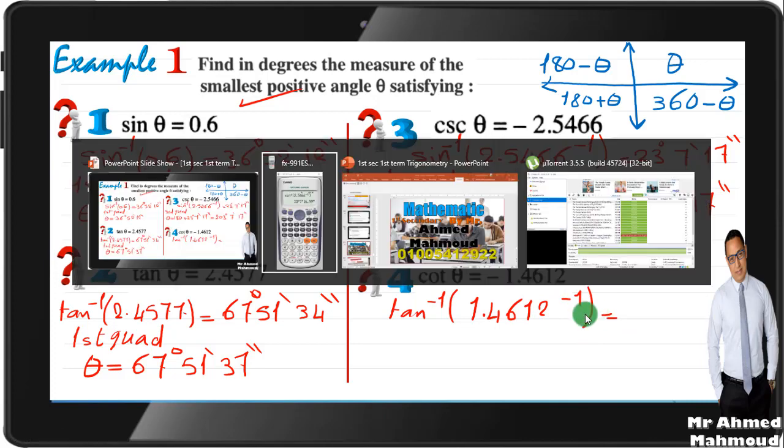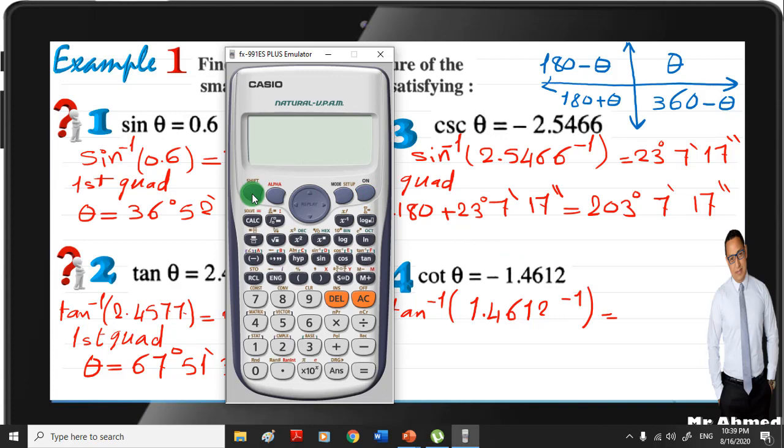I will write it again in the calculator: shift tan, 1.4612, x power negative 1 to change tan into cotan. So it equals 34 degrees 23 minutes and 12 seconds.